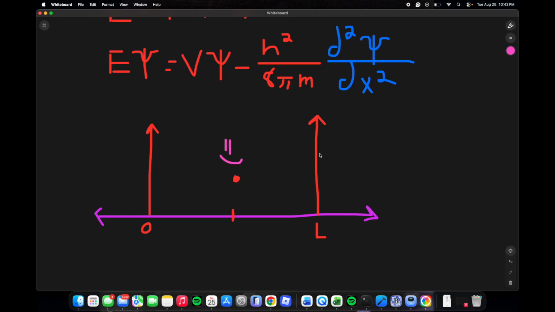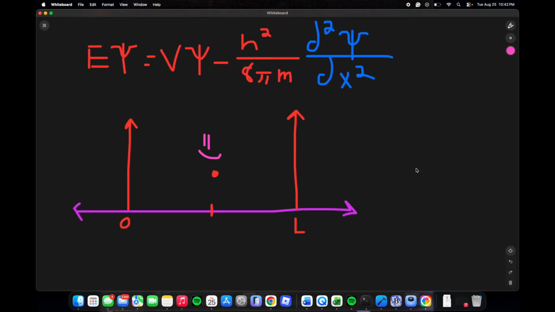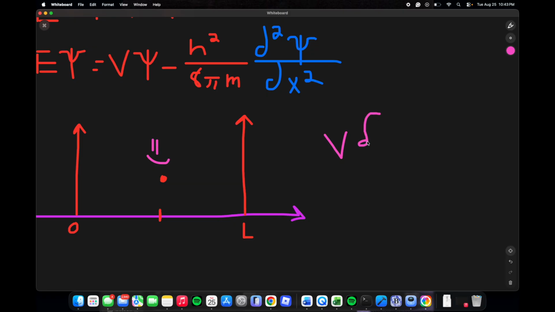So what we're going to say here is that the potential energy, if the particle were to be, say, here, or here, or here, let's define that to have an infinite amount of potential energy, right? Because it would be impossible for the particle to escape the box. So how we're going to write this is that V has a restriction on its domain, and it looks something like this.